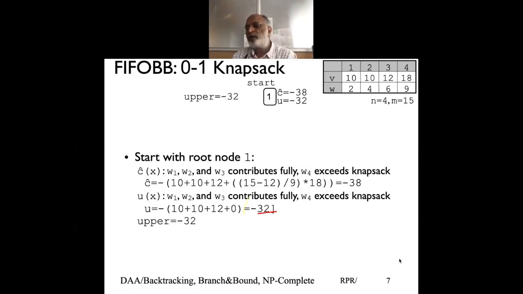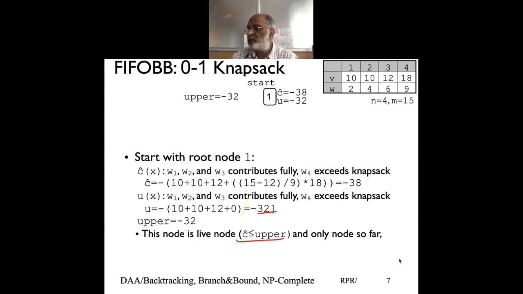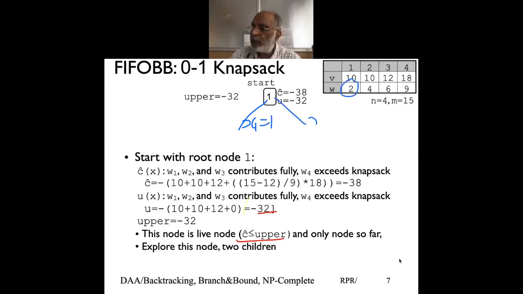Now this is the only node. We explore this node, and exploring means I'll basically either say x1 is equal to 1, which means this item is always included, or x1 is equal to 0, which means this item is not included.